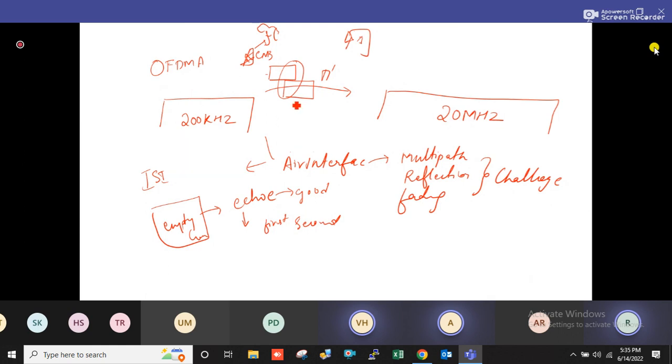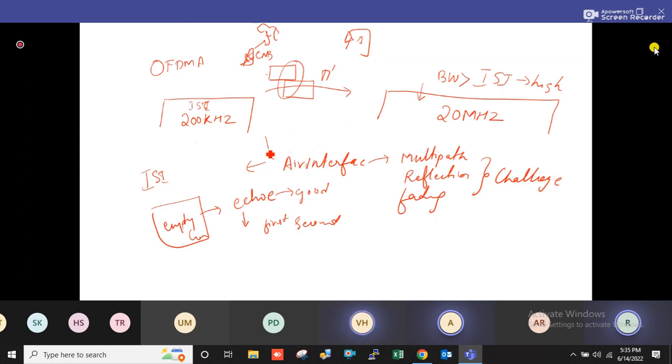Now this ISI is less for 200 kilohertz. Why? Because the frequency is less. This ISI becomes high for 20 megahertz. Why? Because we are increasing the bandwidth. So as the bandwidth increases, the inter-symbol interference will be high.